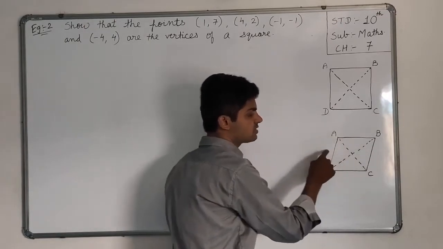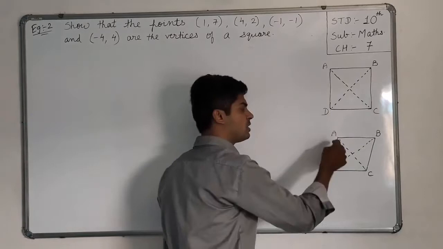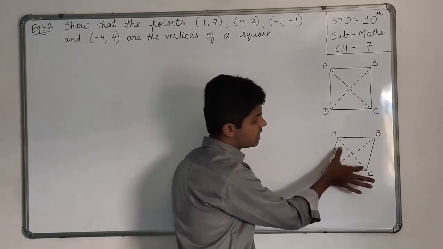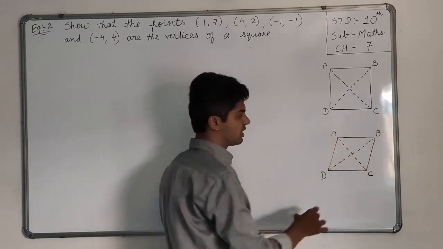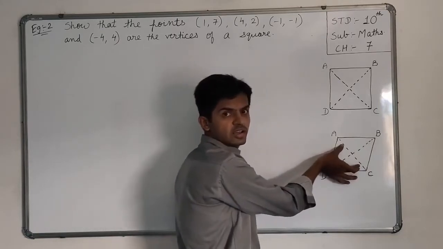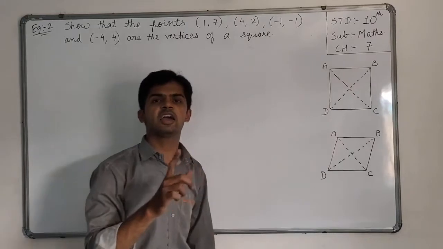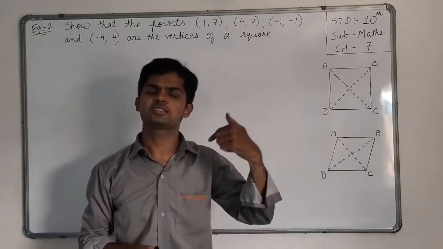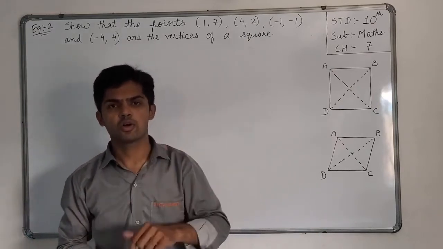Here also all four sides are the same, but the diagonals' lengths are clearly different: one is a big diagonal and the other is small. Understood? But here the lengths of both diagonals are the same. If the length of diagonals are same, then it is a square. If they are not same, then it is a rhombus.